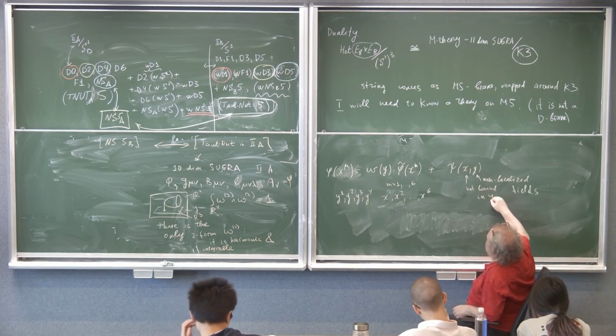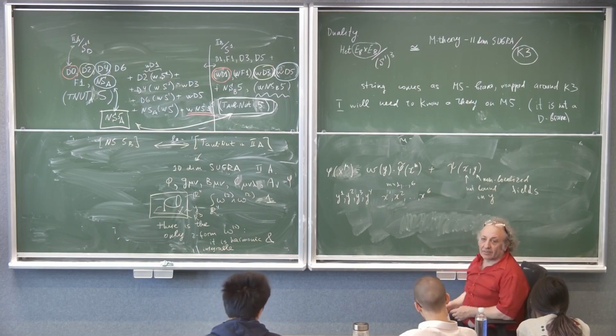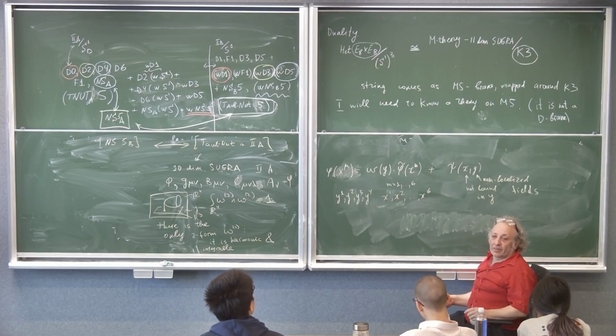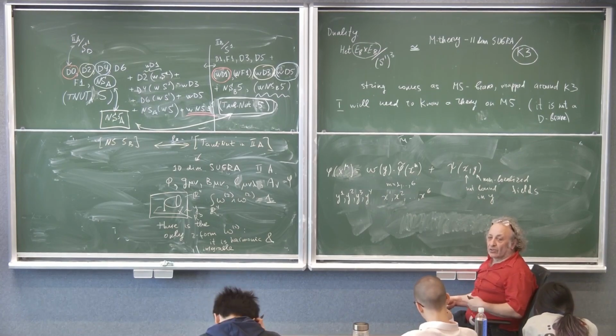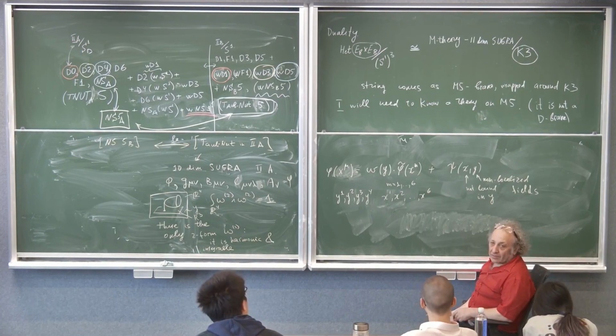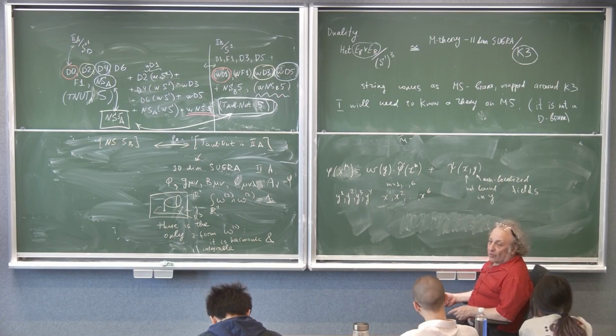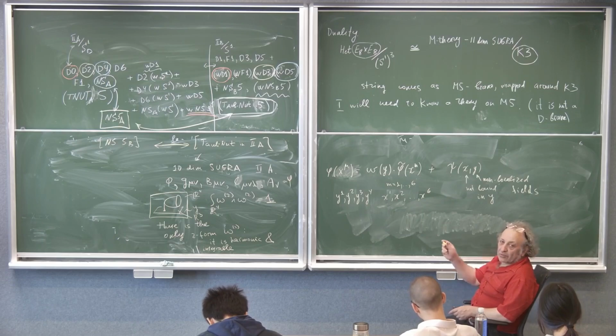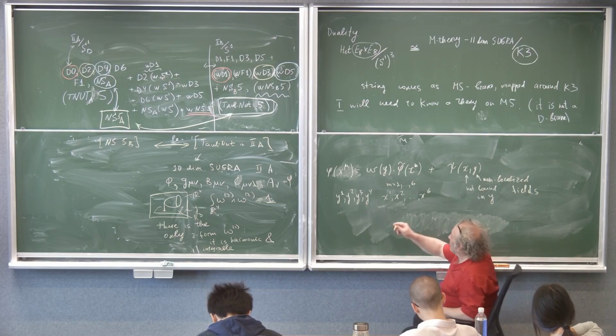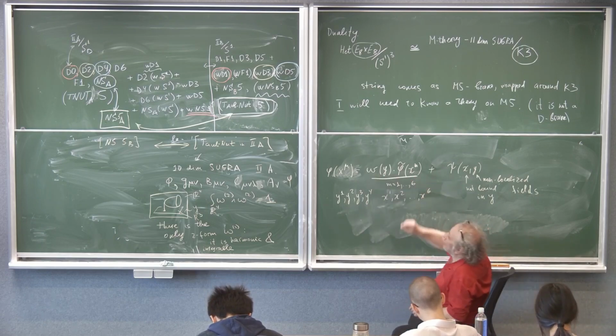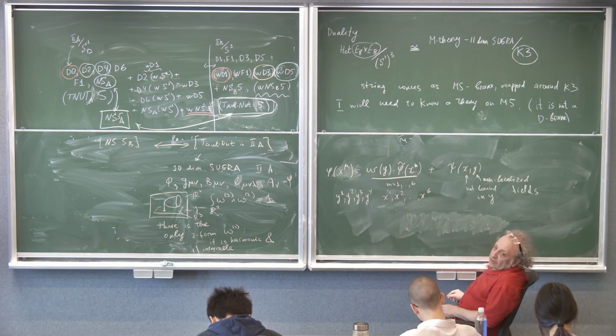Y has a non-compact direction. And what corresponds to these non-compact directions? Degrees of freedom that are not localized, while here we have degrees of freedom that are localized.